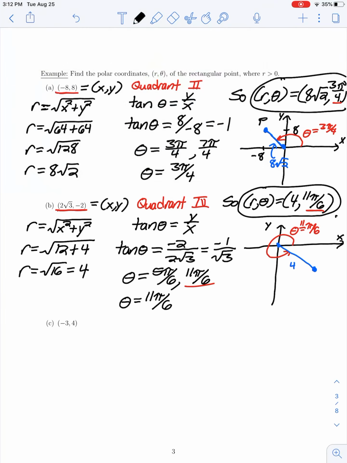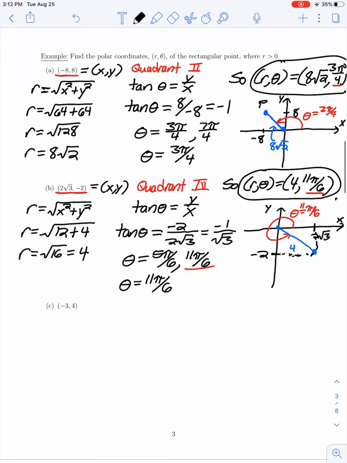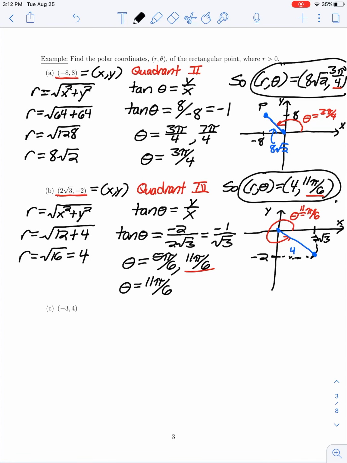And this point could also be represented in terms of rectangular coordinates as x equals 2 root 3 and y would be negative 2. So an alternative representation of that point. All right. So in our last example, part C, we have the point whose rectangular coordinates, x, y, are given as negative 3 and positive 4.